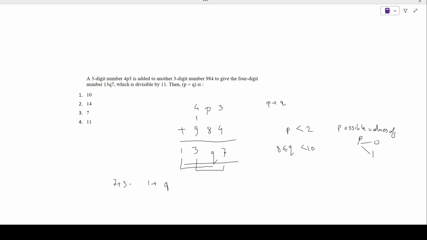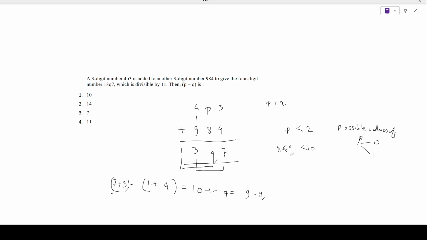7 plus 3 minus 1 plus q. 10 minus 1 minus q. 10 minus 1 is 9, so 9 minus q. 9 minus q is divisible by 11.